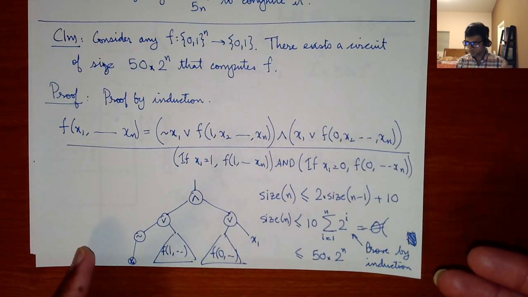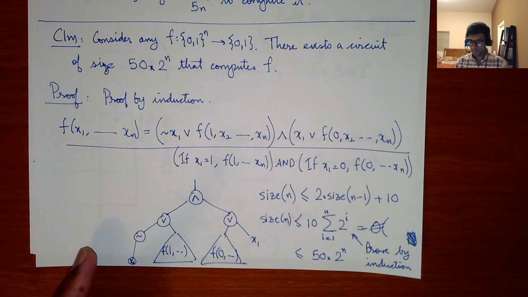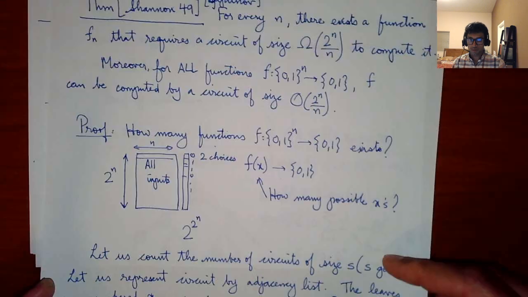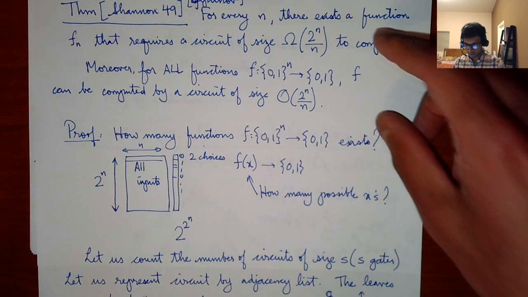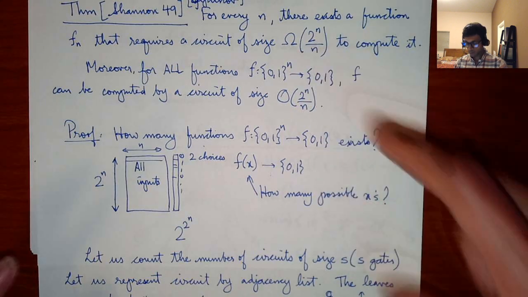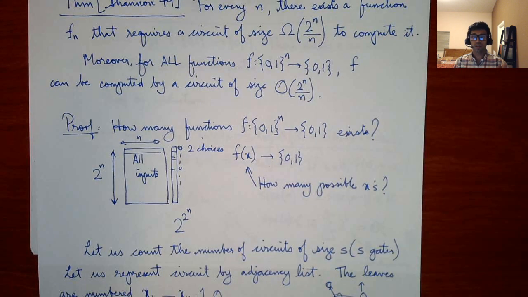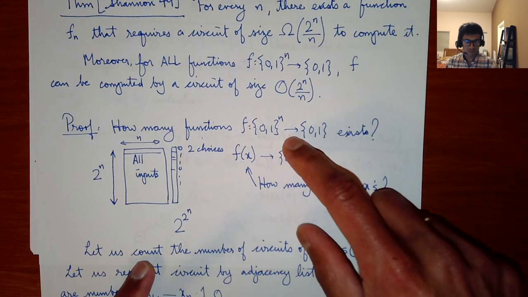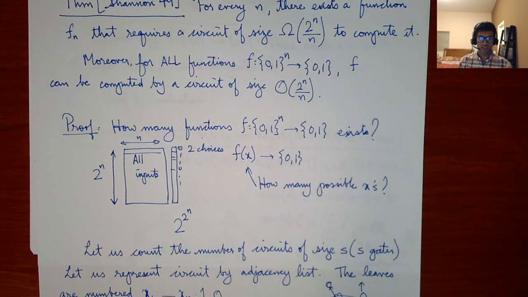But didn't we say at the start that we would be doing a counting argument? The counting argument was only to prove that there exists a function that requires a circuit of size 2 to the n divided by n. That was the first part, where we counted the number of circuits of size s, and we counted the number of functions with n inputs, and we showed one is greater than the other.